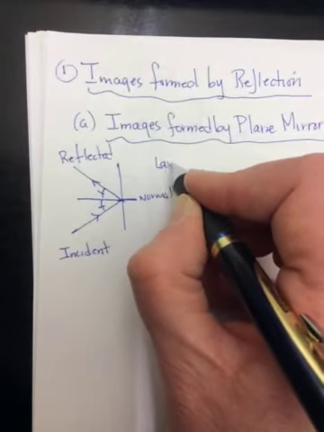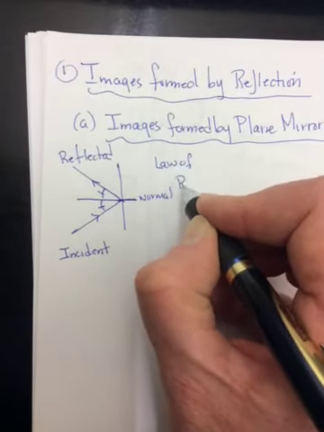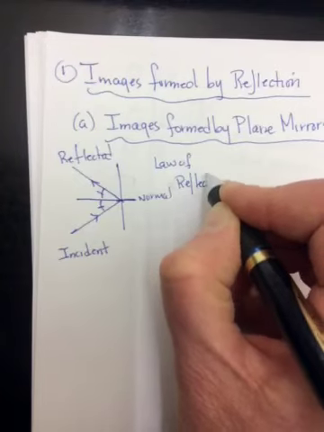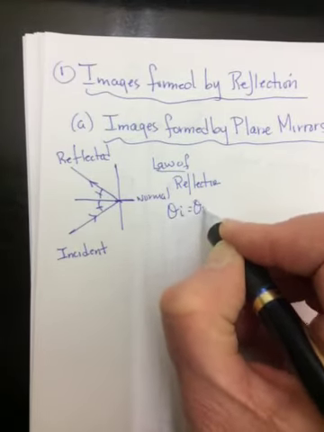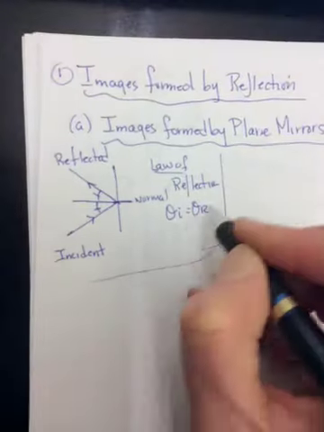It's called the law of reflection. That's true no matter what type of mirror we're dealing with. It's theta I equals theta R.